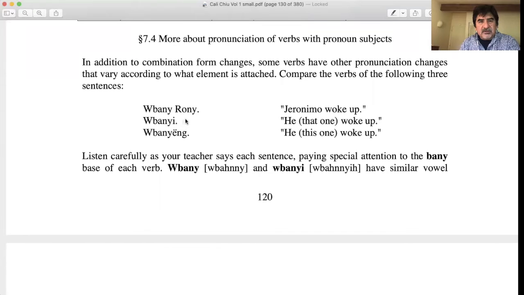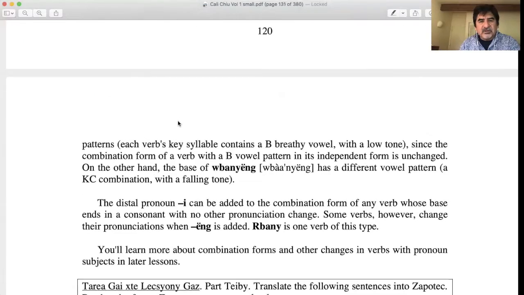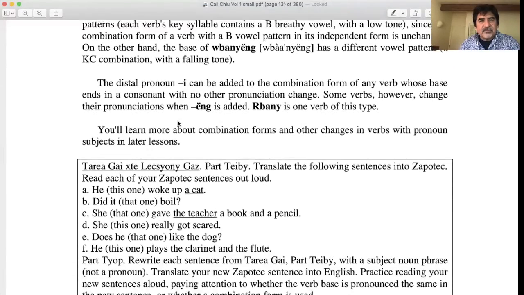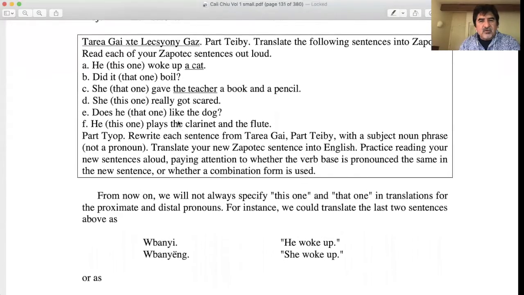And you can substitute the ng with I or E to that ng. So therefore, you can say whiny or wanyan. Okay, so I hope now you get the pattern that we are discussing. And again, more homework.